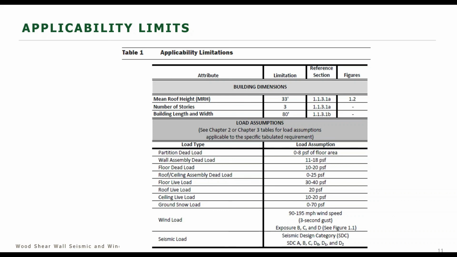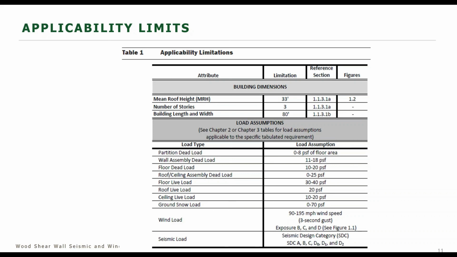One question came in, and I think you covered this: in coming up with a capacity requirement for the hold down, do you need to consider the upper floor? Yes. The examples we did were just the first story.